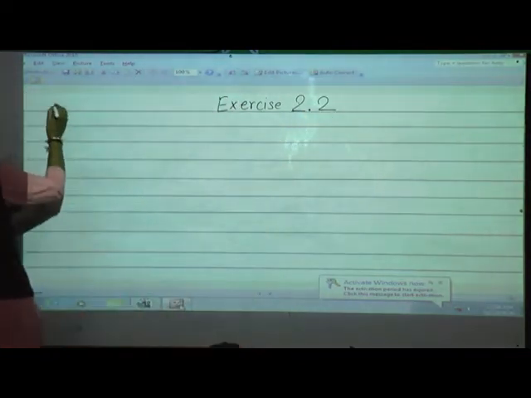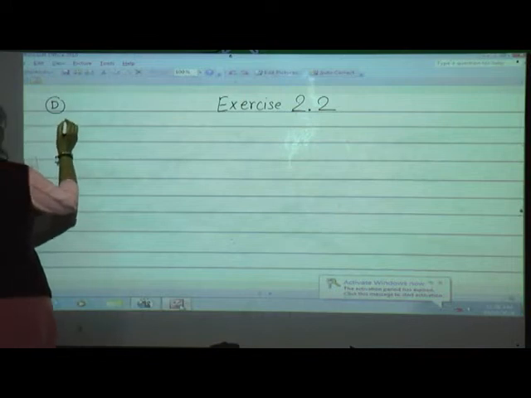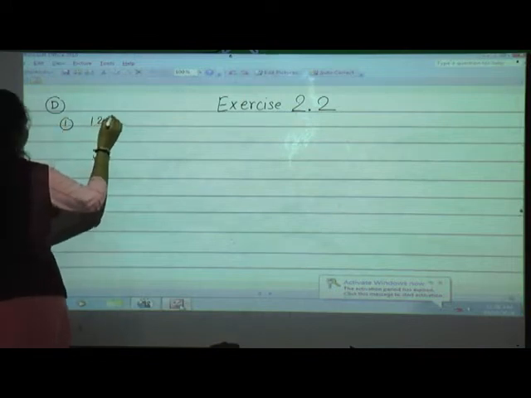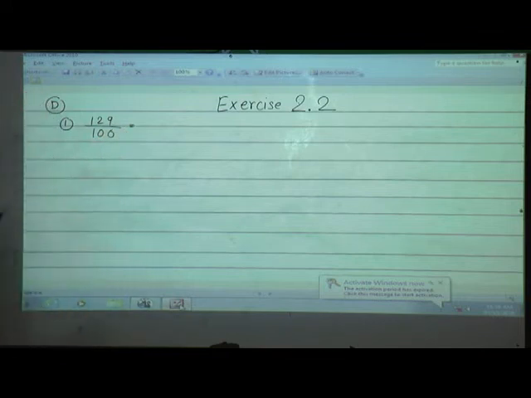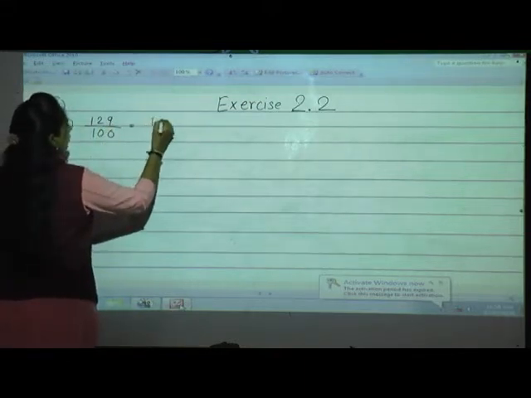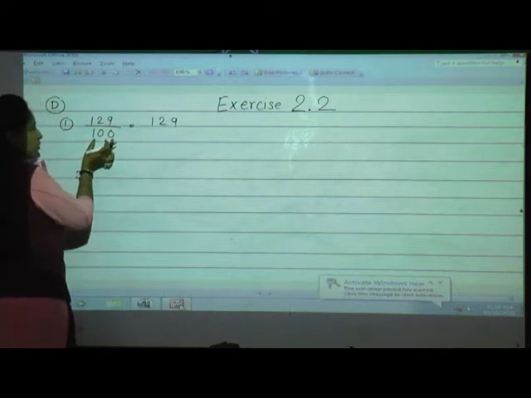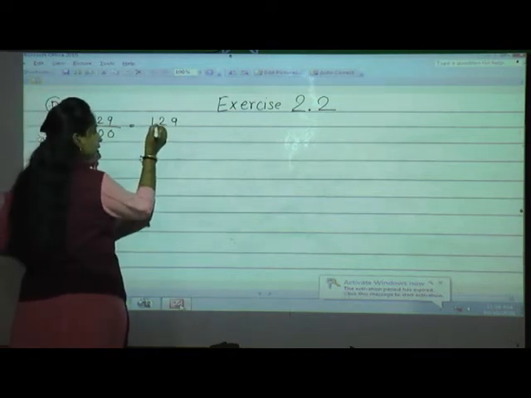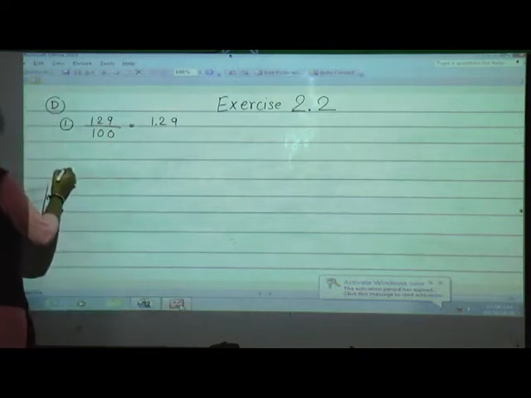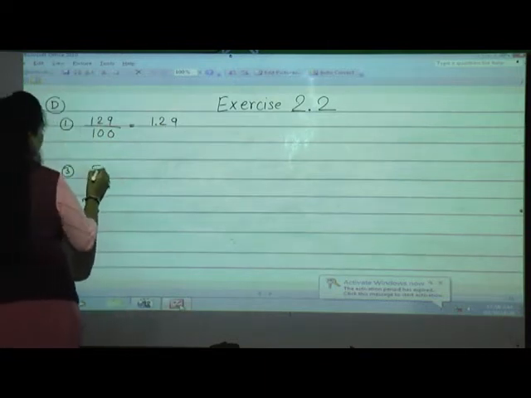Write as decimals. 129 upon 100. Now see, again same like B question only. So here write numerator as it is, then see 1 is followed by 2 zeros, so place decimal after 2 digits.